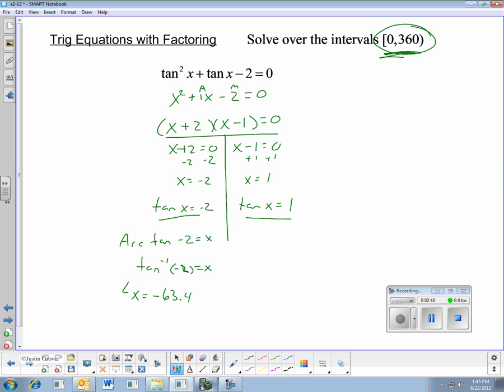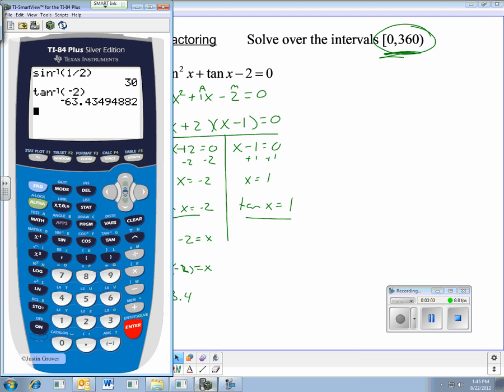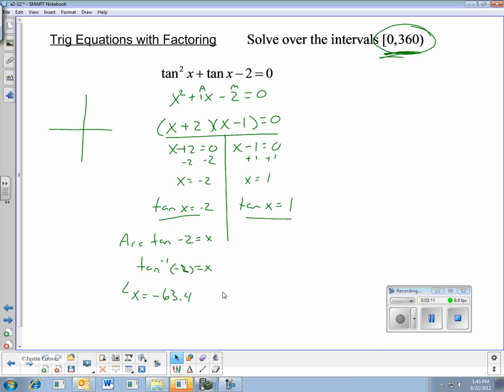But again, we are solving from 0 to 360, so it might be more than one, and there usually are two answers. So tangent's negative 2 at negative 63.4. First of all, I could convert that to a positive angle simply by adding 360 to it. So let me add 360 to that, and I get 296.6.